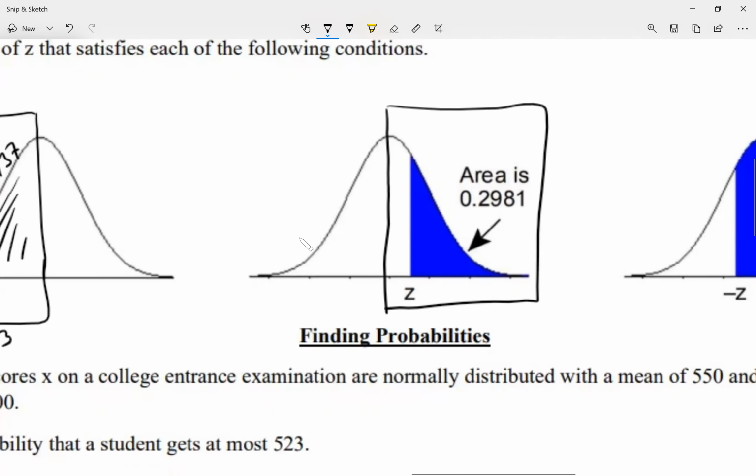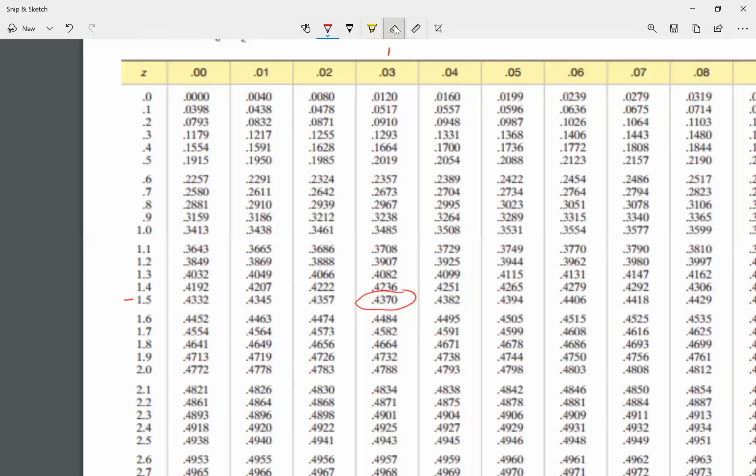So this area right here is 0.2019. Let me go back to my table here and find on my probabilities 0.2019.